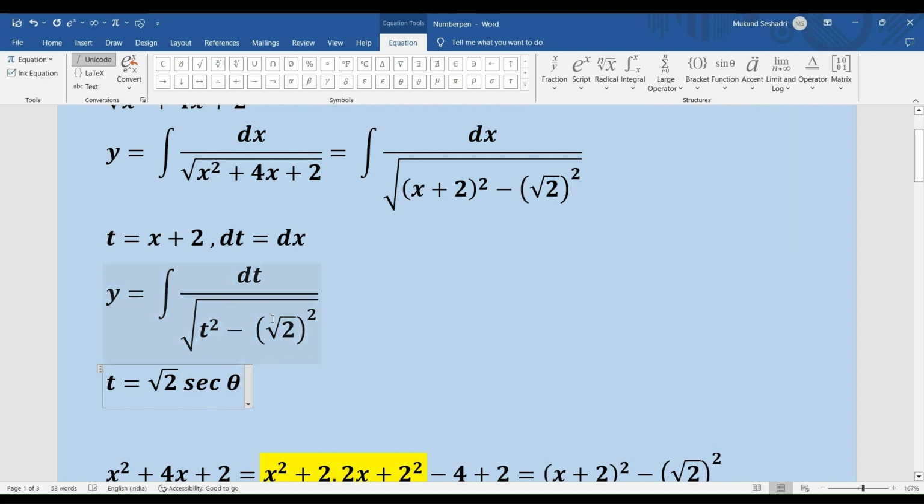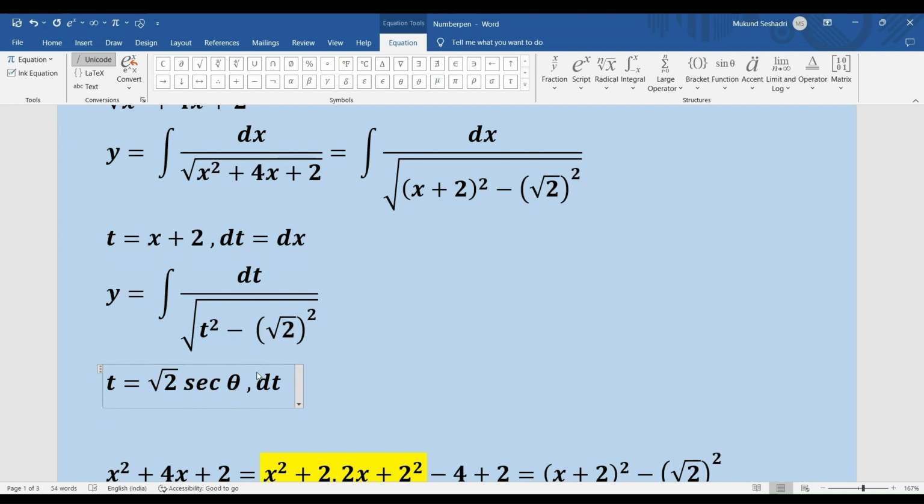And as you do more and more problems, you will understand where to use the sine square theta plus cos square theta equals 1 identity and connect it with the expression, and where to use your secant square theta minus tan square theta equals 1, right? So in this particular case, once we make the substitution, you would understand why we are doing this. And I will also make it a point to explain it as we run through the rest of the problem, right?